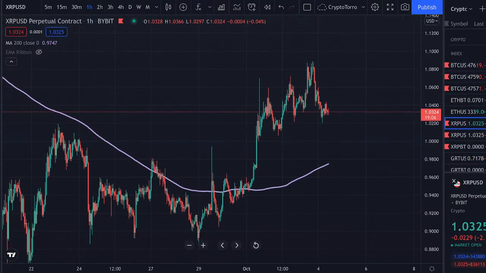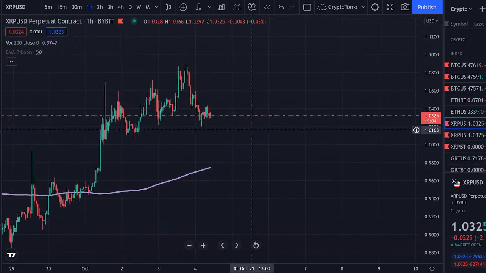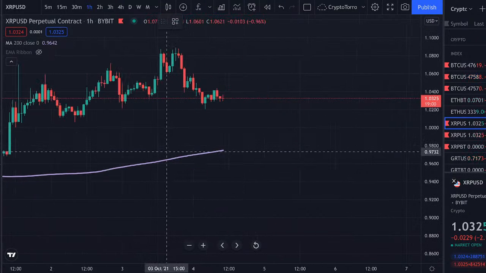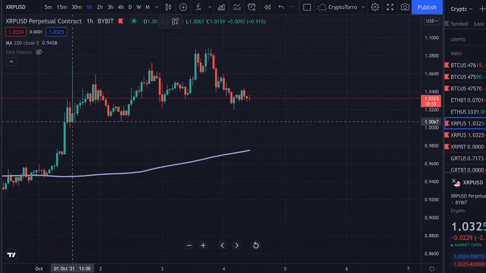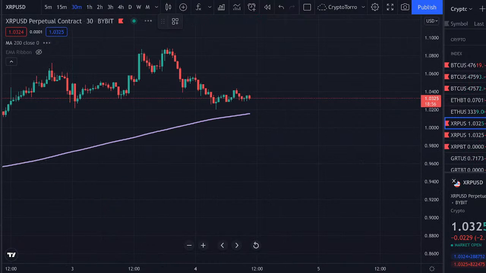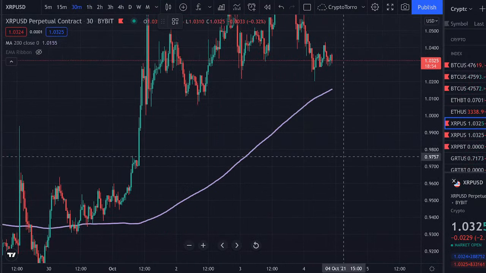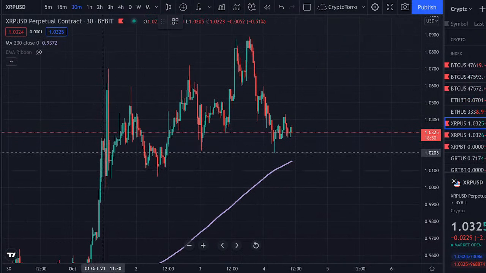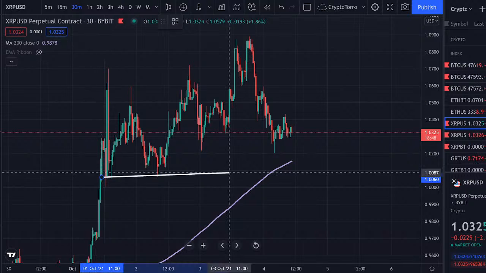And what I would like to do on the immediate short term. So you can clearly see, if we take a look at the immediate short term, I would like to draw this on the 30-minute time frame, because then I could choose this as an anchor point.